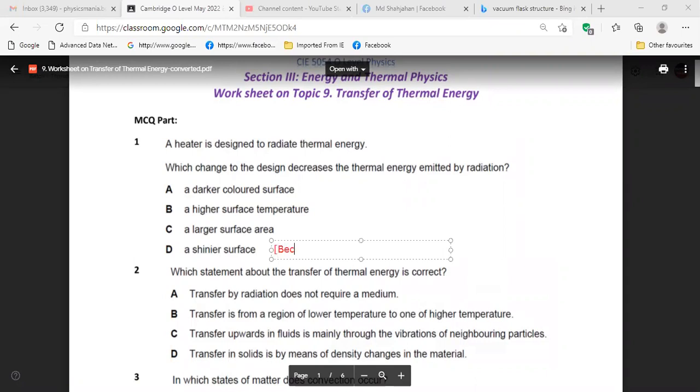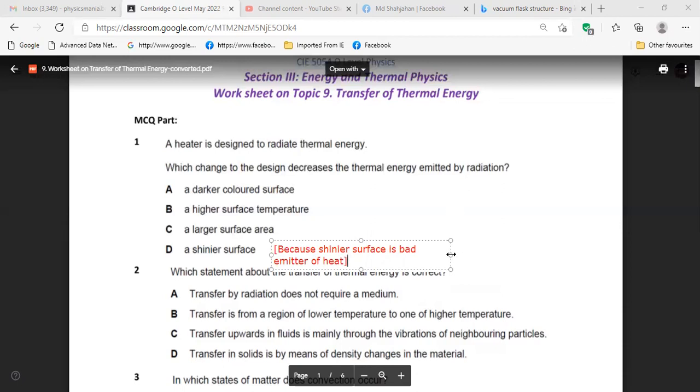Because a shinier surface is a bad emitter of heat, right? So this is the explanation.